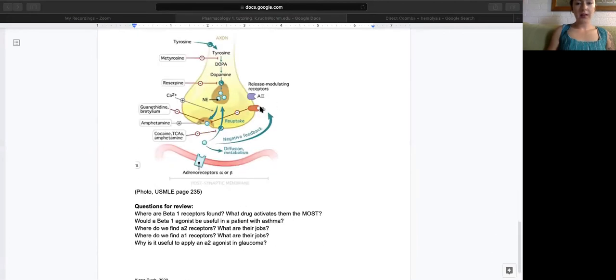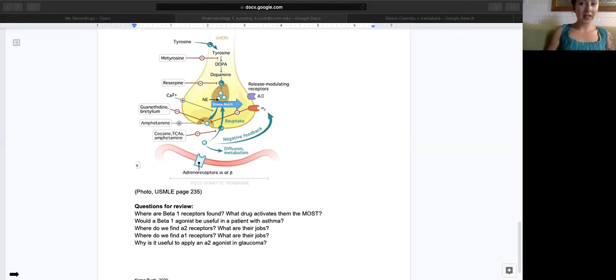Alpha-2 is right here, right? That alpha-2 receptor. And if we're doing some negative feedback to the alpha-2 receptor from having too much norepinephrine, we're not going to release norepinephrine, okay? So if we keep acting on alpha-2 and not giving it a chance, we're not going to release norepinephrine.